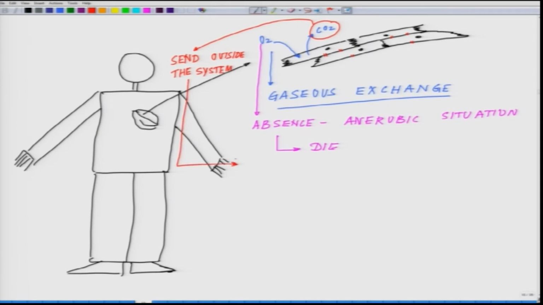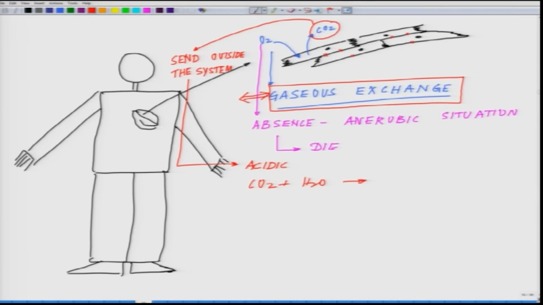this will make the environment acidic, because CO2 plus H2O, we know, will form carbonic acid. So that is something one has to keep in mind. There has to be a proper gaseous exchange which should take place. Without that gaseous exchange, these cells are not going to grow.